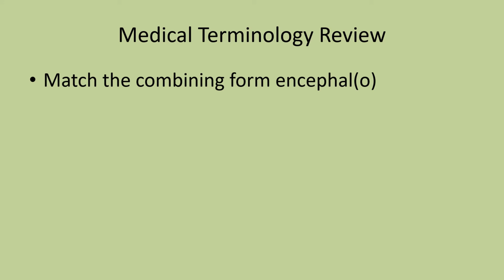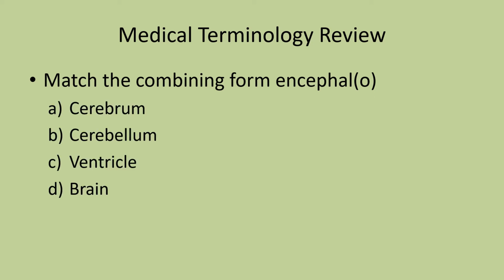Encephalo. What's cephalo? Cephal is head. En is inside. So what's inside your head? The brain. Which part of the brain? Just the brain, because the cerebrum and the cerebellum are just parts of the brain. Here we're talking about the whole brain inside the head.